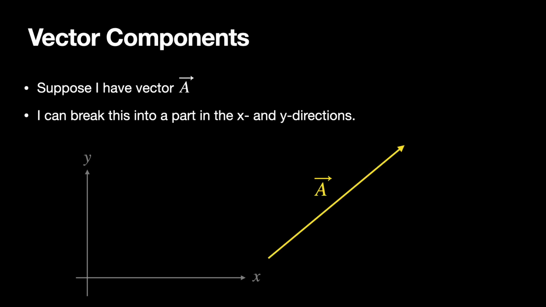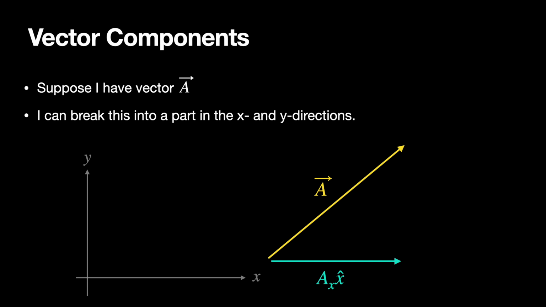I can take a vector A and break it into two parts, right? Just like I did A plus B plus C is the vector D, I can go backwards. I can take a vector A and break it into the sum of two things. I want to break it into a vector in the x direction, which I'll call A sub x, the x component, and I have to make it a vector, so I have that x hat there.